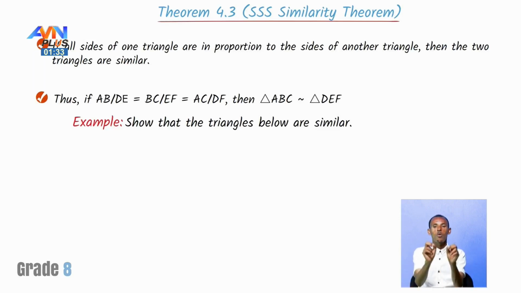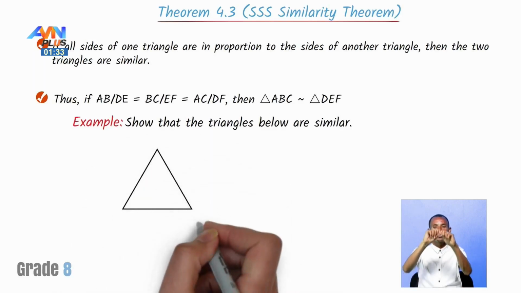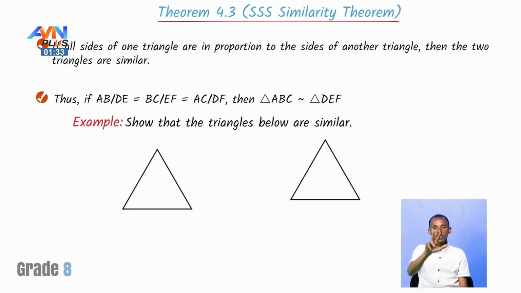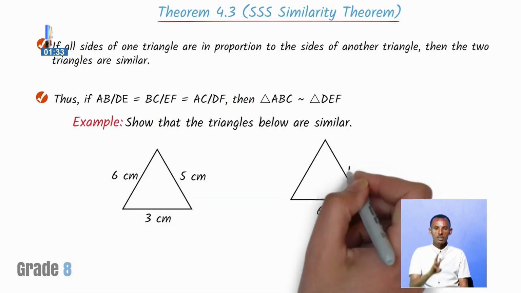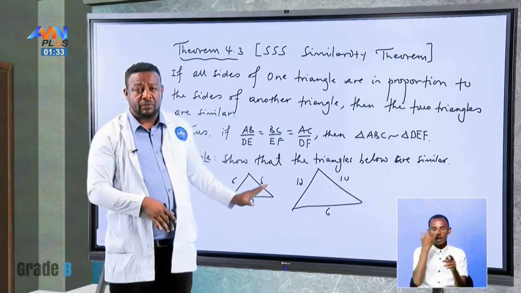Okay, suppose we have two triangles with side lengths 3, 5, 6, and the other triangle 6, 10, 12.